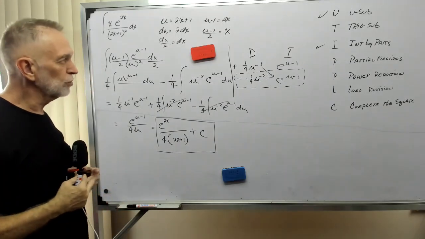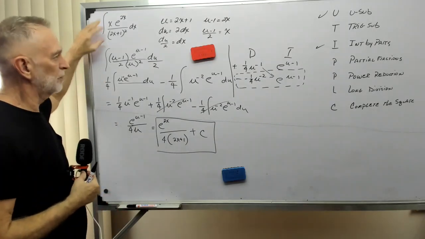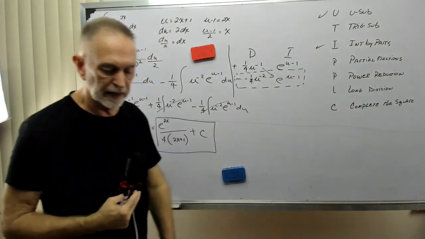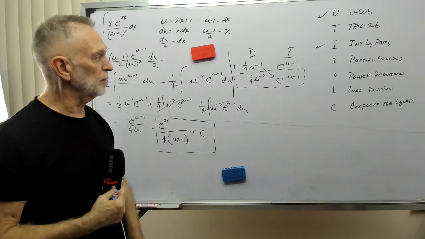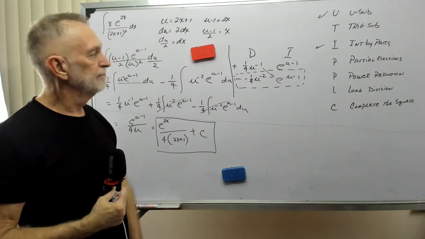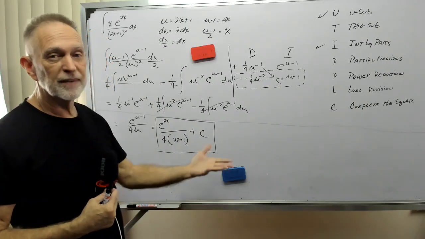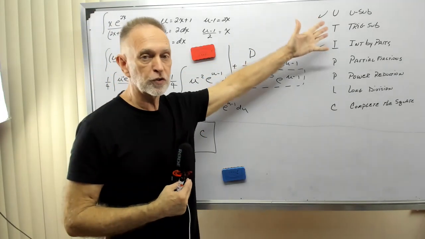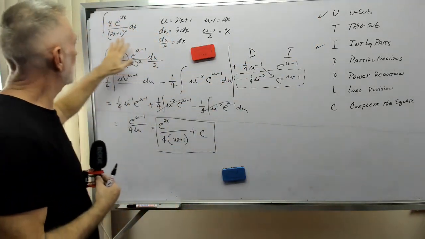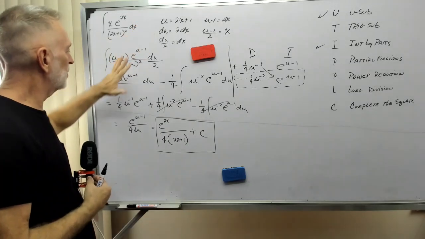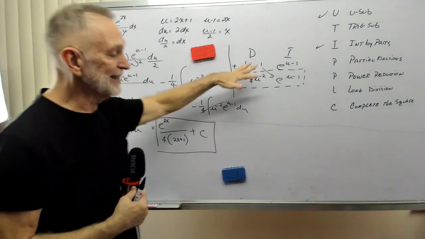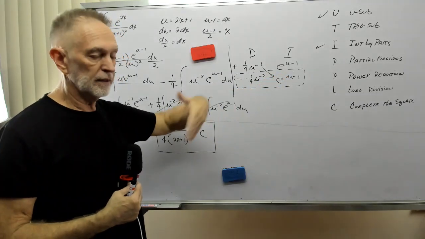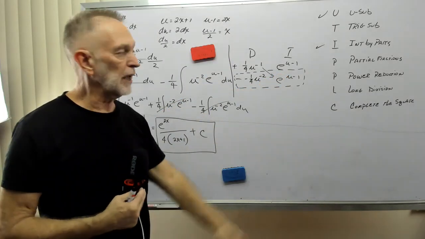So the tools: anytime you see a problem, begin asking yourself, what tool can I use to solve that problem? And then just, as I said earlier, noodle around on it. I love to use substitution when I can. In this case, it really helps simplify the problem. Also, the DI method for integration by parts, I hope all your teachers allow you to use that.